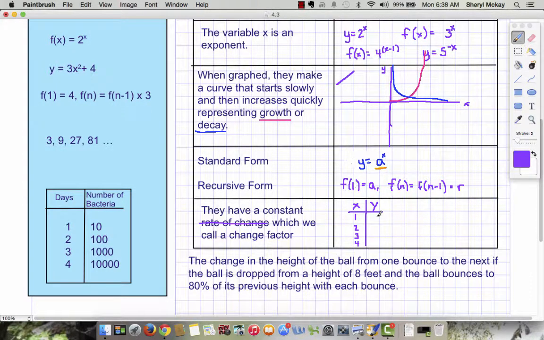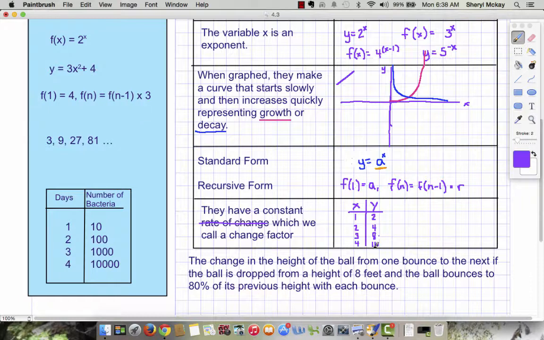And our y is going to be 2, 4, 8, 16. Okay? 2, 4, 8, 16.